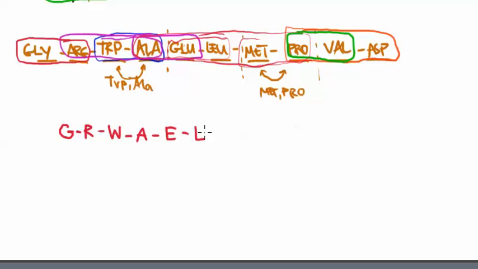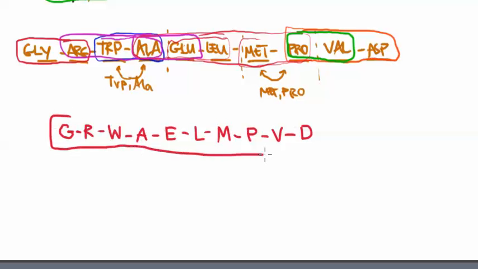Leucine is an L. Then methionine is an M. Proline is a P. Valine is a V. And ASP, aspartate. That's another weird one. Do you remember what that one was? Yeah, hopefully you guessed it correctly. That's a D. So there is the primary protein sequence or primary amino acid sequence for this protein. And I can do one-letter abbreviations, and that is the protein that I have come up with.